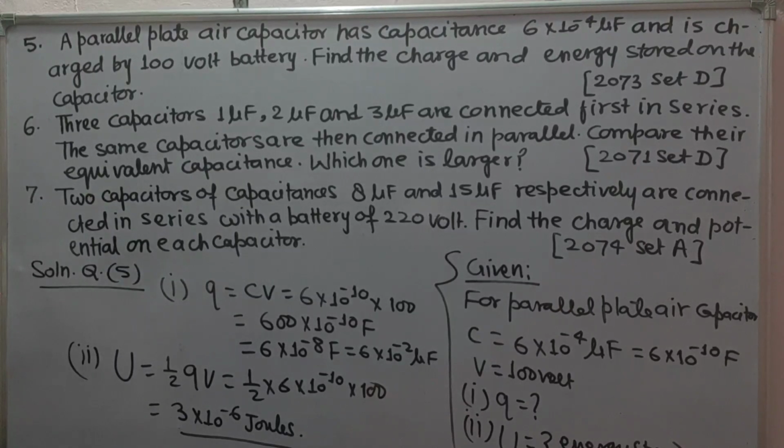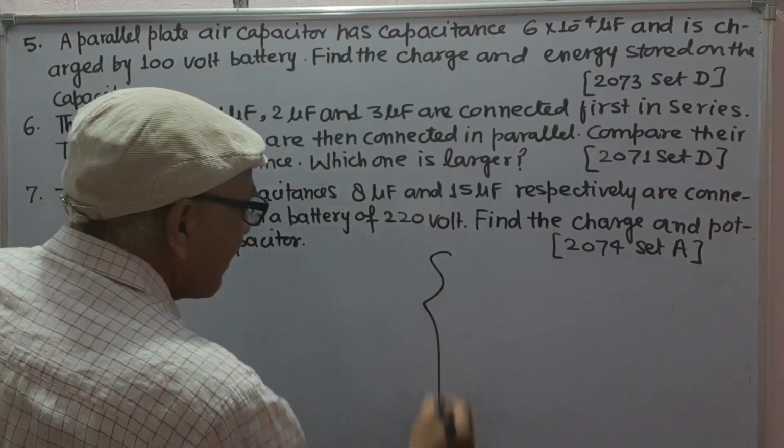Next question number 6. The question is: 3 capacitors 1 microfarad, 2 microfarad and 3 microfarad are connected first in series. The same capacitors are then connected in parallel. Compare their equivalent capacitance, which is larger.